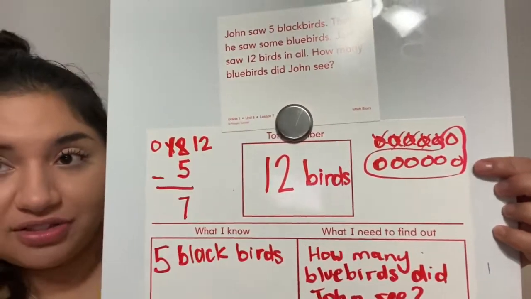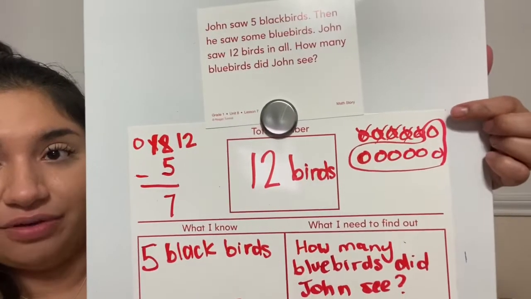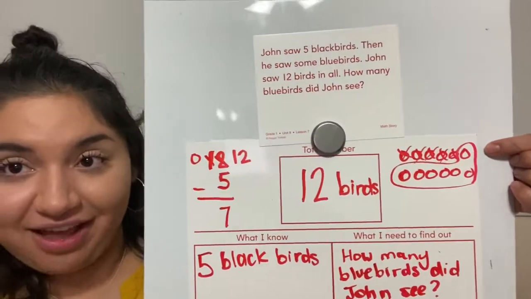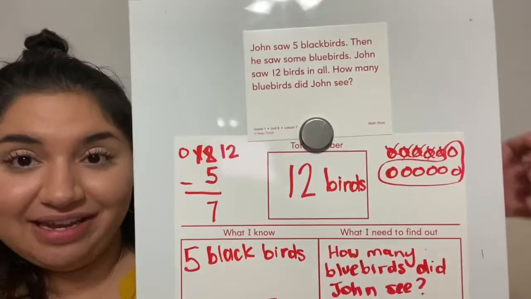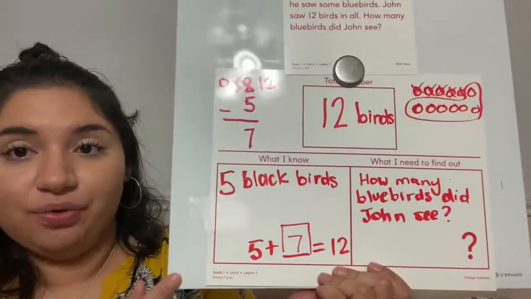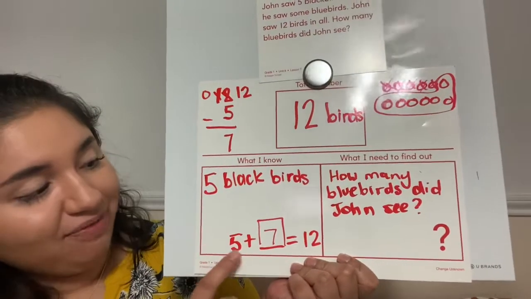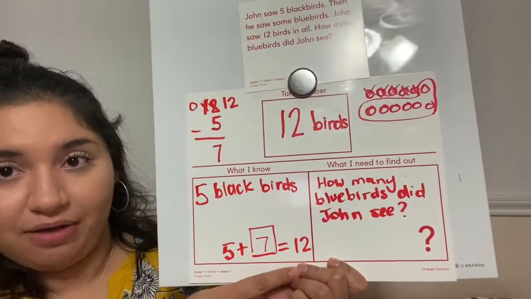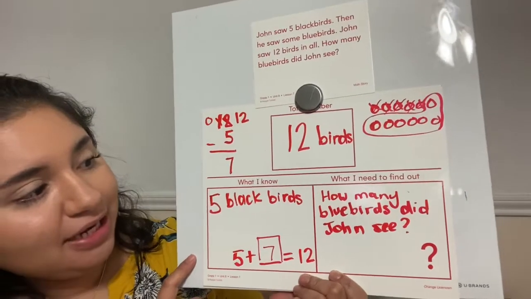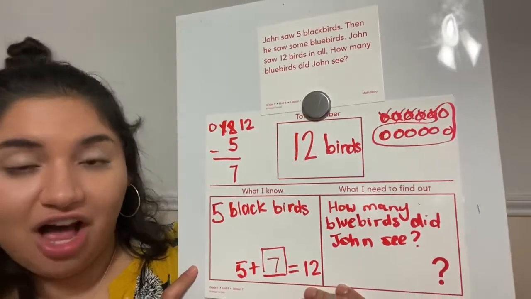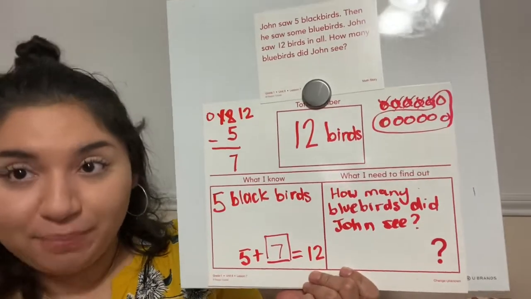I drew 12 circles, I X'd out 5 of them, and then I circled the circles that I have left, and I only had 7 left. So I put the 7 right here because 5 plus 7 equals 12. Now, how many bluebirds did John see? John saw 7 bluebirds.